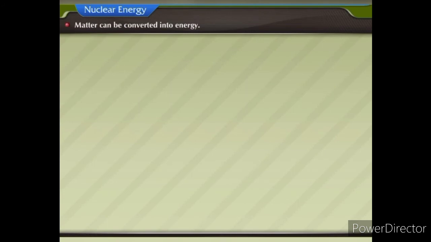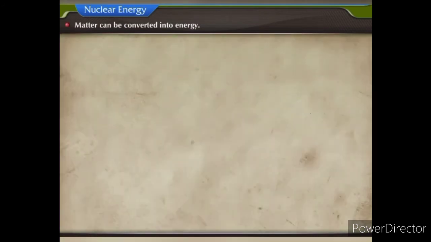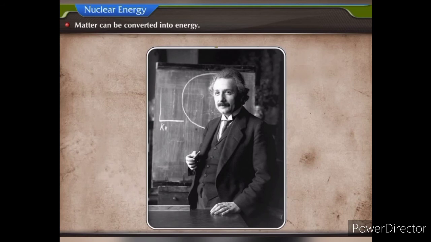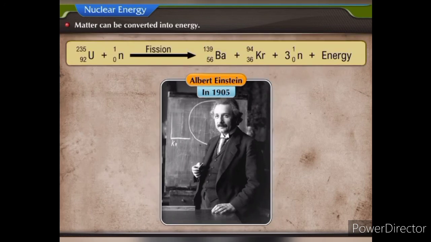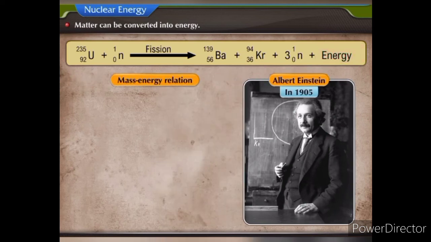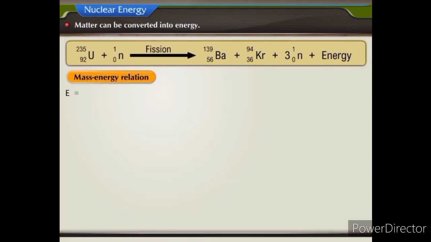Matter can be converted into energy. This fact was first discovered by Albert Einstein in 1905. In nuclear fission, the difference in mass, delta M, between the original nucleus and the product nuclei gets converted to energy E. This mass-energy conversion is given by the relation E = mc².